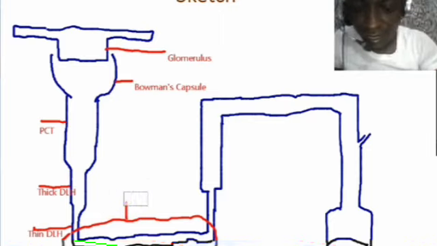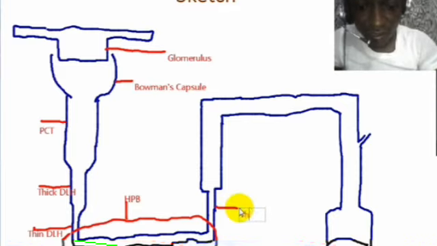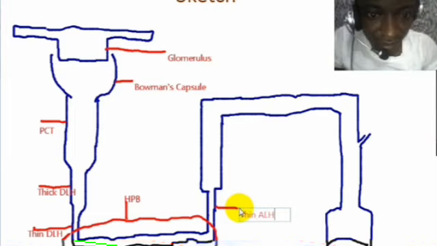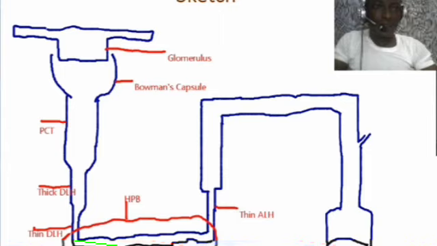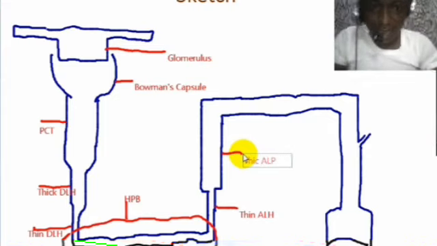This other part of the nephron is known as the thin ascending loop of Henle. And this part is the thick ascending loop of Henle.